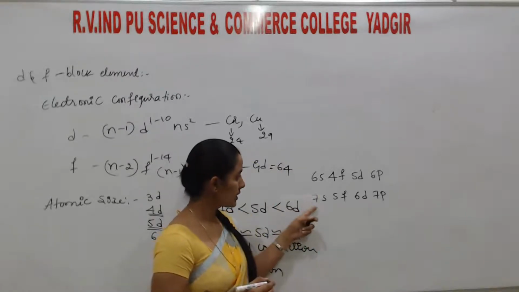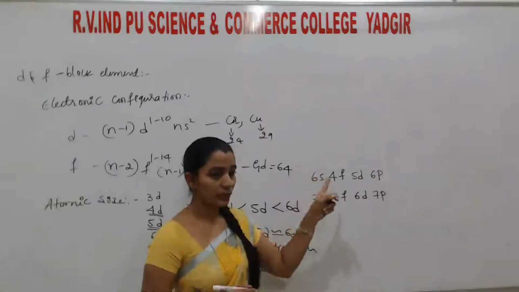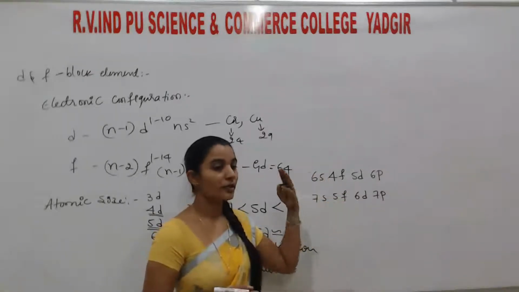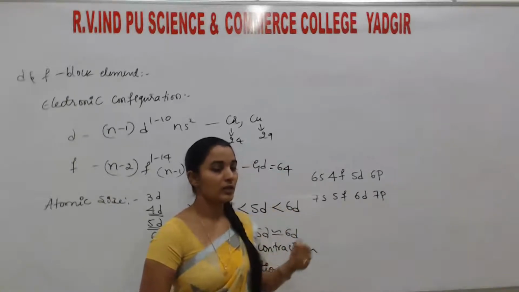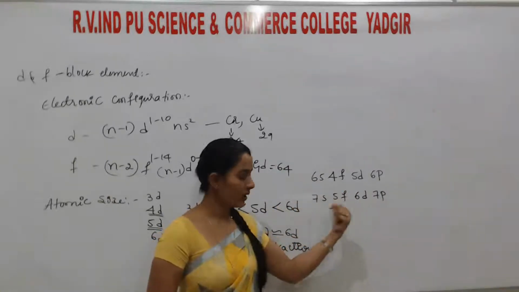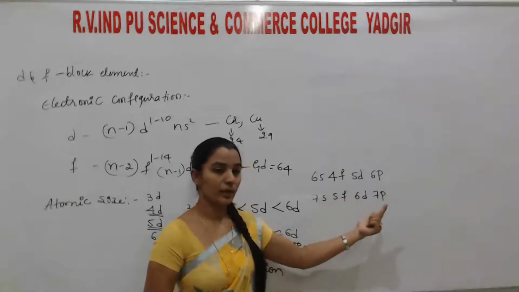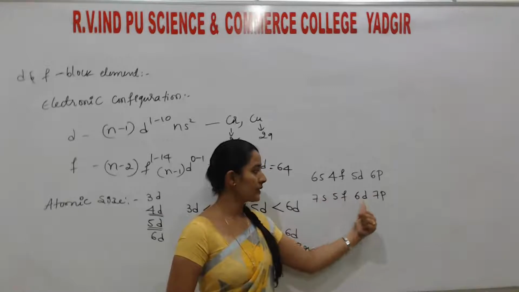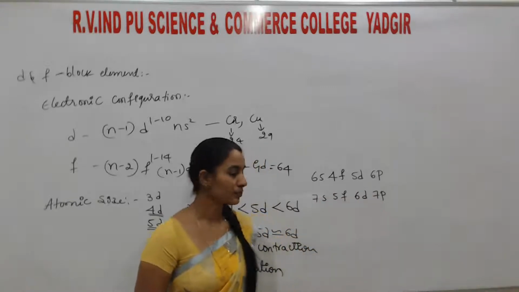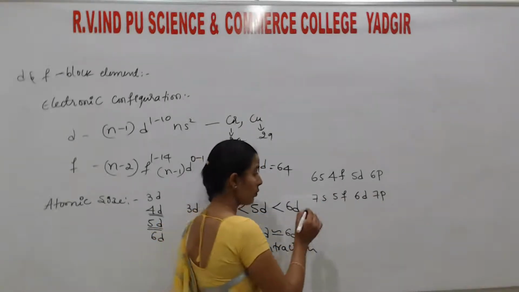Okay. So students here, after 1s, 2s, 2p, 3s, 3p you know, after 3p 4s, next 3d, next 4p. Similarly 5s, 4d, 5p. Next 6s, 4f, 5d, 6p. 7s, 5f, 6d, 7p. That is the order. Okay. So in this, what happens?